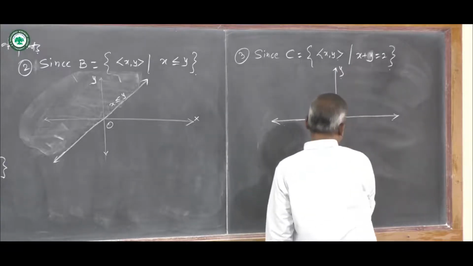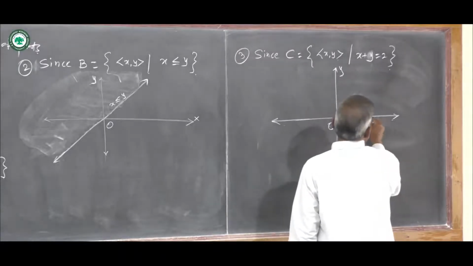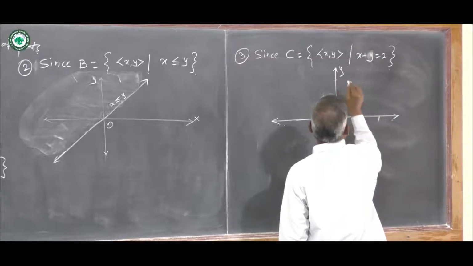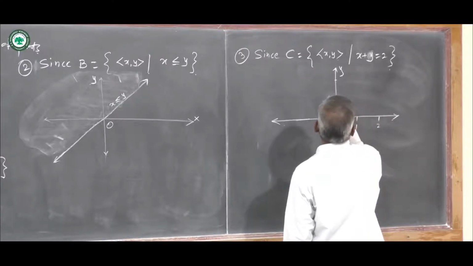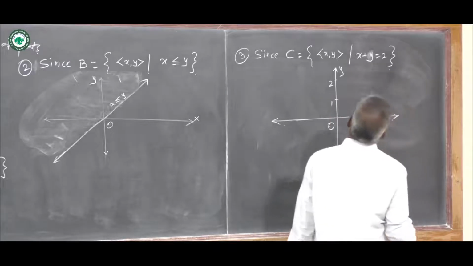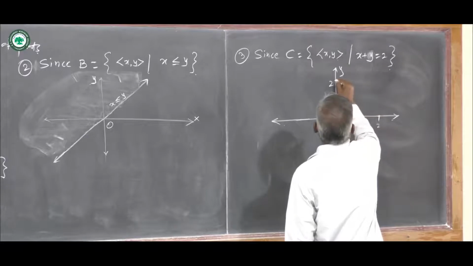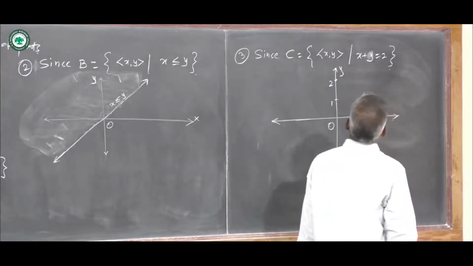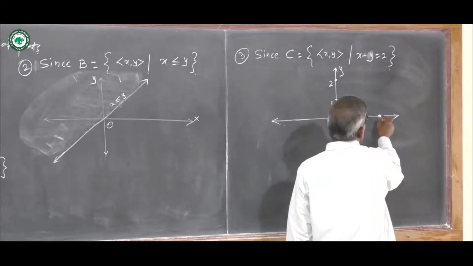This is the y-axis, this is the x-axis, origin, this is 1, 2. When x is equal to 0, we obtain y is equal to 2, that is this point. When y is equal to 0, we obtain x is equal to 2. This is (2, 0).